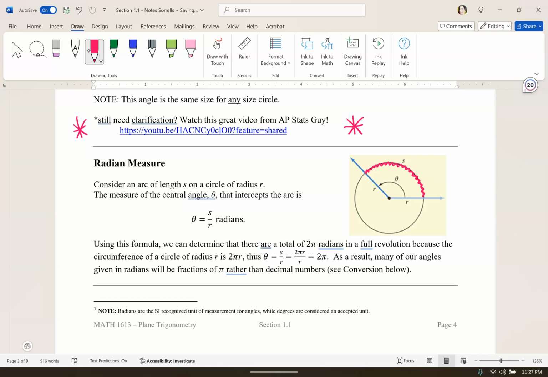And then when you take that and divide it by the radius, again, we have proof that 1 revolution is 2 pi. So therefore, you will see a lot of your angles written as fractions rather than decimal answers. Now, I think your homework does practice a few decimal answers, but the majority of what we will do will be fractions.